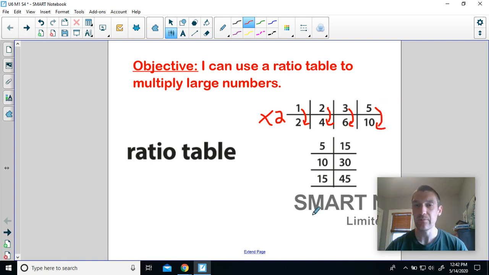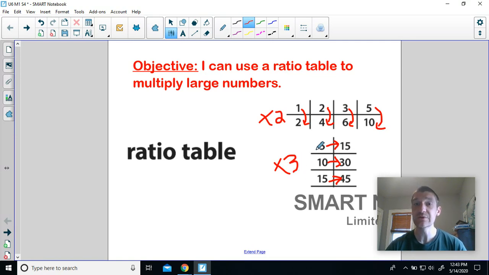And then this one over here, if it's a vertical ratio table, you go left to right. So you read it like this. So we're going from 5 to 15, from 10 to 30, from 15 to 45. So the pattern here, this ratio table, is times 3.